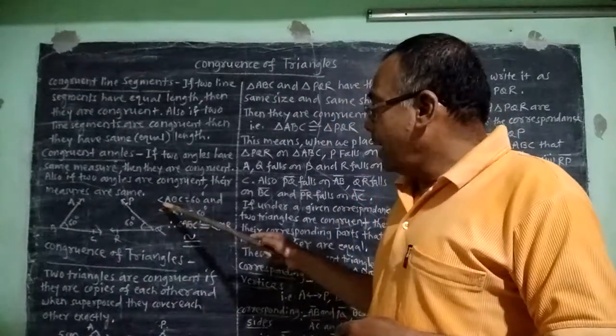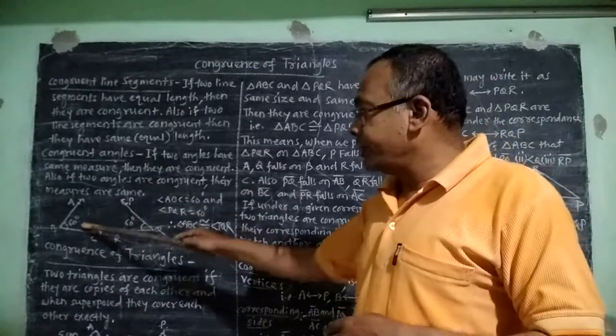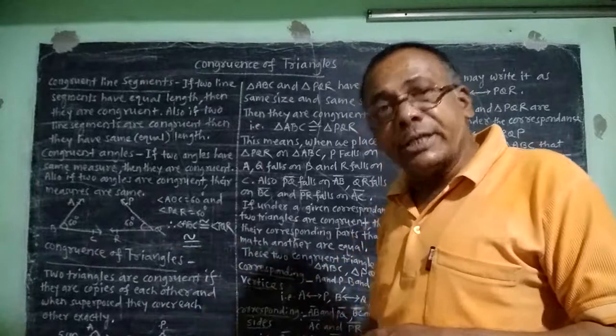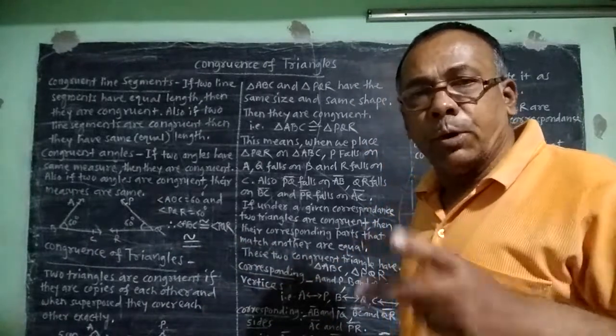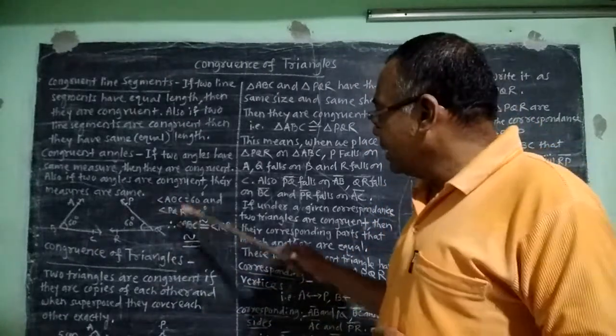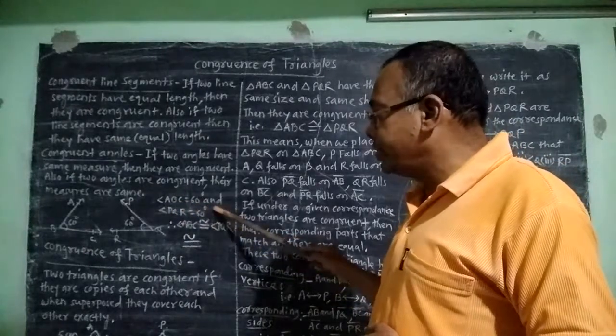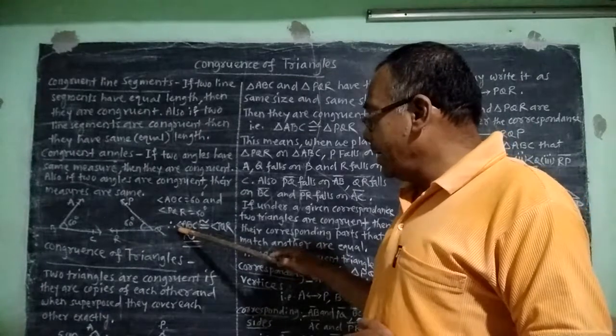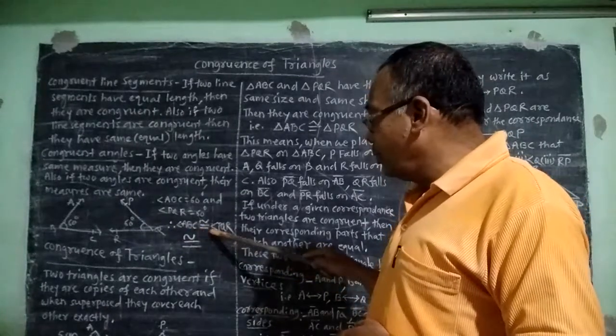Here angle ABC is 60 degree as well as angle PQR is also 60 degree, means their measures are equal, and therefore both the angles are congruent. Angle ABC is equal to 60 degree, angle PQR is equal to 60 degree, and therefore angle ABC is congruent to angle PQR.